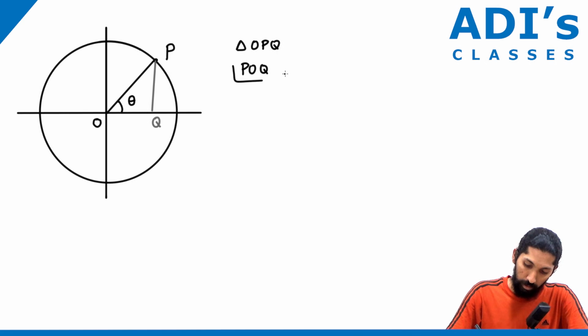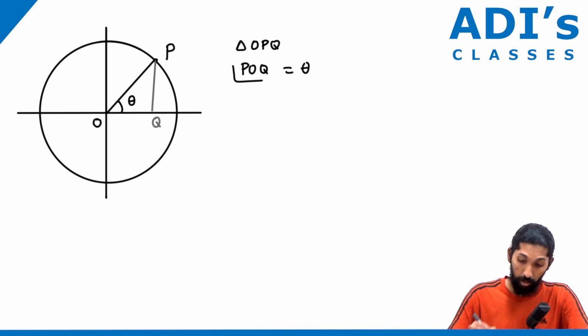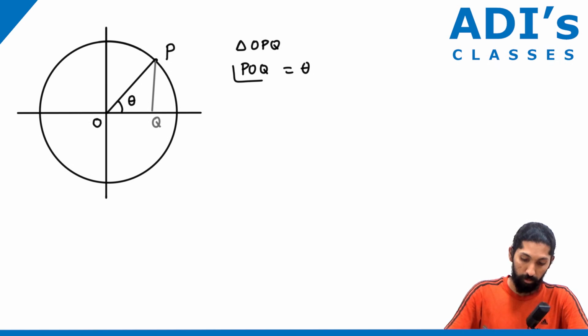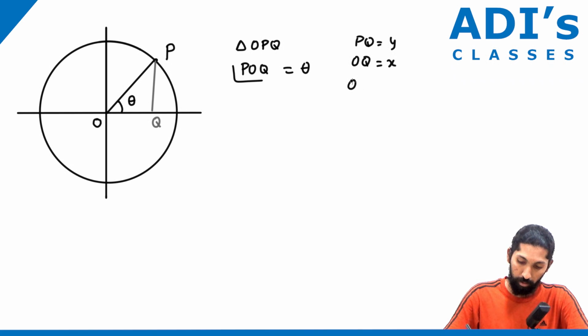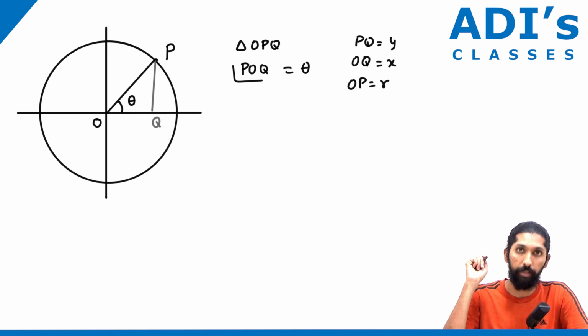This angle is equal to theta, correct? Remember, this is plus theta or just theta. Now in this case, what is PQ? PQ is nothing but Y, OQ is equal to X, and OP is equal to R. Very simple. Both X and Y are positive here, correct?